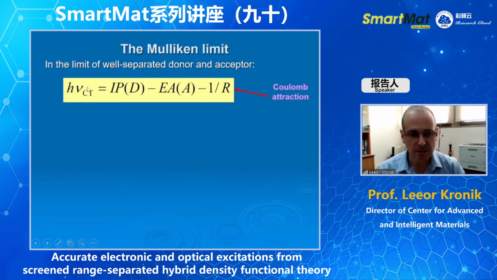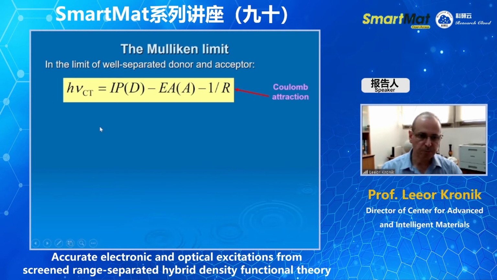Well, it's particularly useful for charge transfer excitation energies, which is in fact what got us thinking about this in the first place. So to understand why, let's think about the Mulliken limit. Mulliken, already in the early 50s, said, well, suppose you have a donor that is very well separated from an acceptor. What would be the minimum energy to excite an electron from the donor to the acceptor?